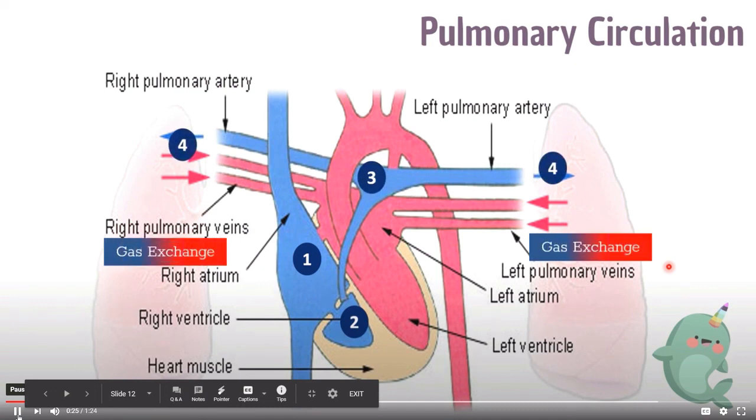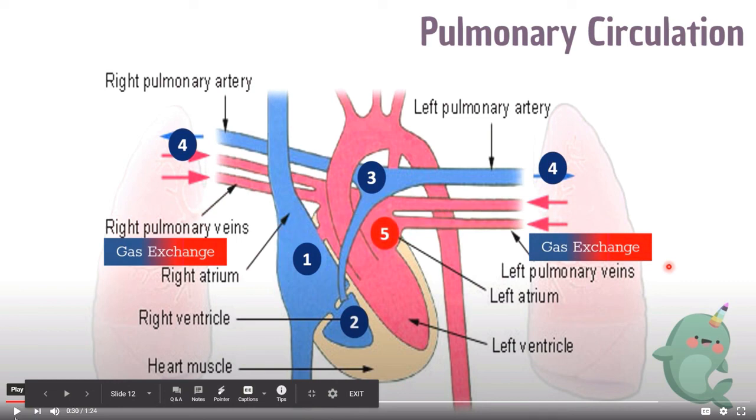So in the lungs, gas exchange will take place wherein the blood will deliver carbon dioxide and pick up oxygen in the capillaries of the alveoli of the lungs. So this time, blood will now become oxygenated blood. They will return to the heart, passing through the left and right pulmonary veins to reach the left atrium.